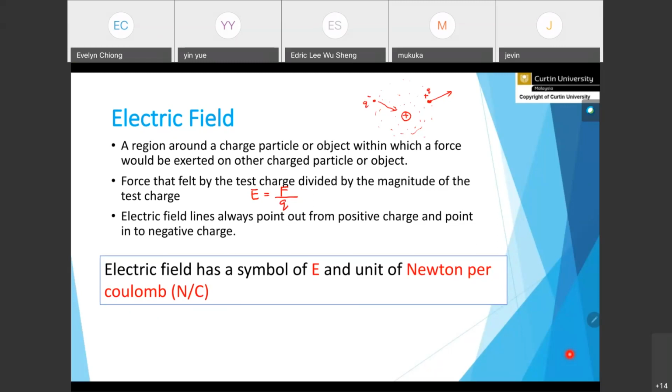So when it says magnitude, it means that you do not have to include the positive or the negative sign, just get the magnitude. And if positive, then it is always pointing outward, for example, like this. Then if you have a negative, it will be pointing inward.